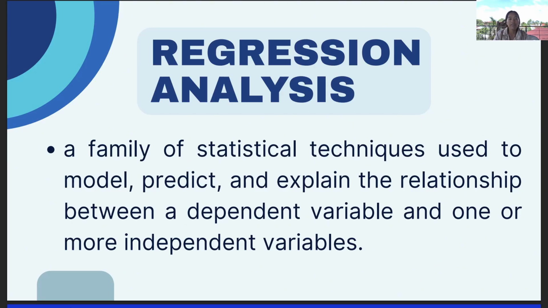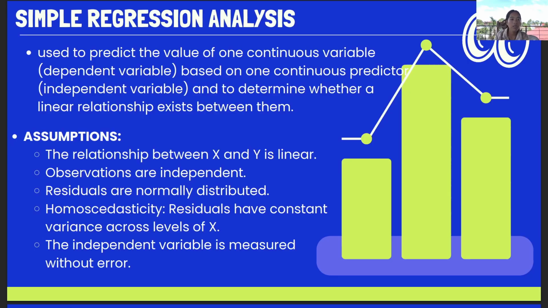To proceed, we have the regression analysis, a family of statistical techniques used to model, predict, and explain the relationship between a dependent variable and one or more independent variables. Simple regression analysis is used to predict the value of one continuous variable, the dependent variable, based on one continuous predictor or independent variable, and to determine whether a linear relationship exists between them.